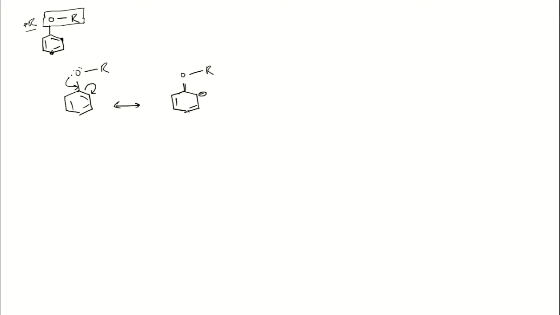In the next structure, this pair of electrons is going to push into the ring, and these will transfer to the para position. As a result, we'll get another resonating structure. We have a double bond on the oxygen, and an R group attached to it, so there is a positive charge on the oxygen, because there is a double bond between carbon and oxygen, and one single bond between the alkyl group and the oxygen.